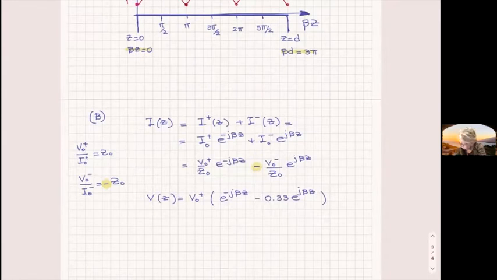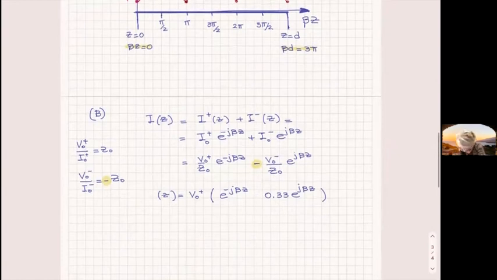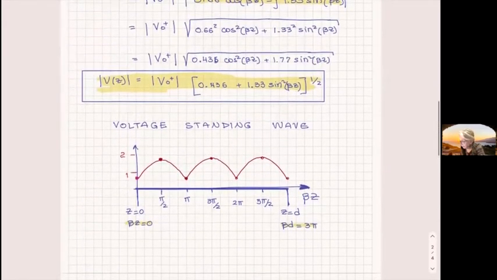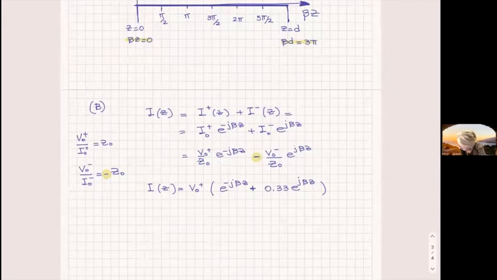This is going to be I, this is going to be V naught, and this is going to be plus. So this is I of z is V naught plus this. That's the only difference with V of z. And therefore, what I find is that I of z has the same form, which is kind of interesting, and I will explain why.